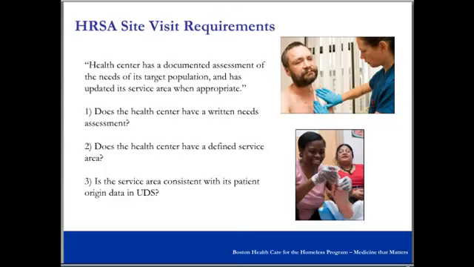And the same goes for new grantees. You really want to be able to describe the needs of your population and why your organization is best suited to meet those needs. So there's really 3 questions that I would ask myself if I were preparing for a site visit with respect to the needs assessment.